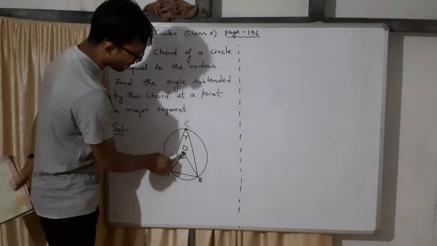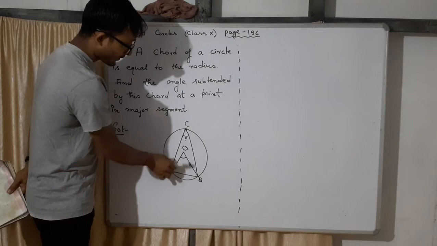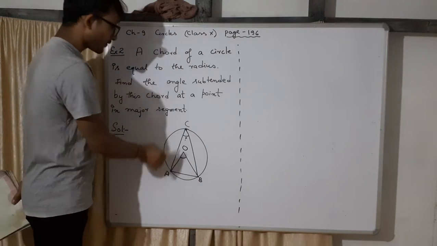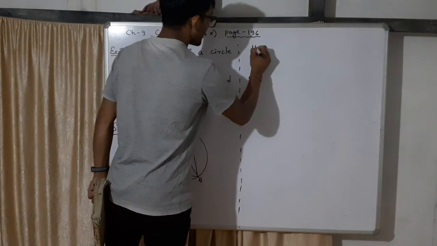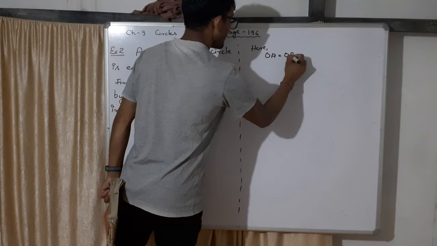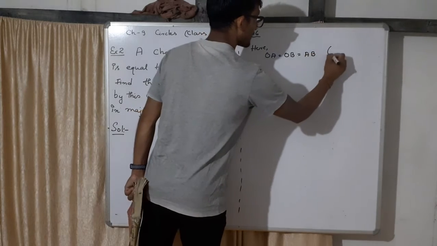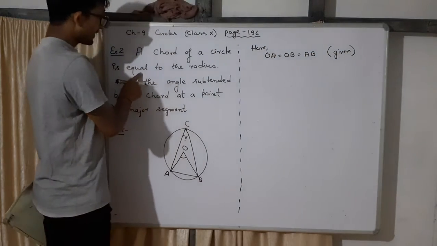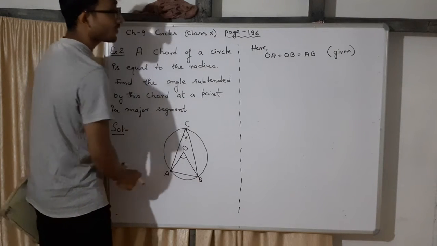If I look at AOB, this triangle has OA and OB, both radius. And one more thing, the chord is also equal to the radius. That means here you write OA is equal to OB equal to AB. Why? This is given. It said that the radius OA, radius OB is equal to the chord AB.